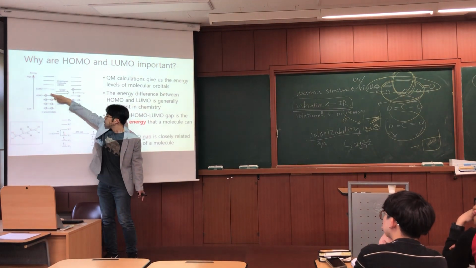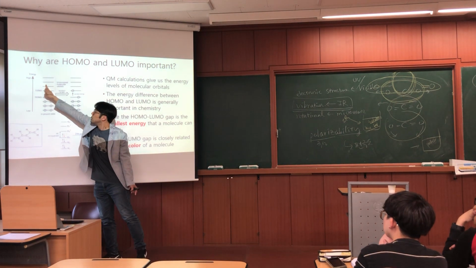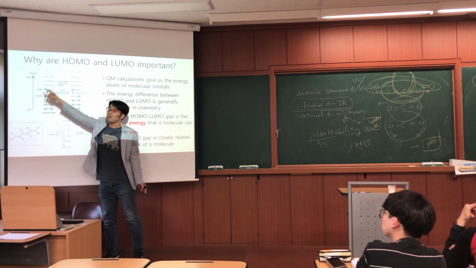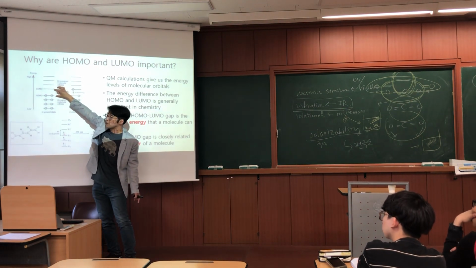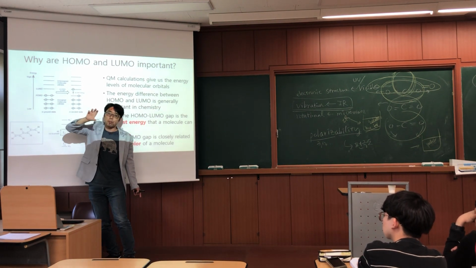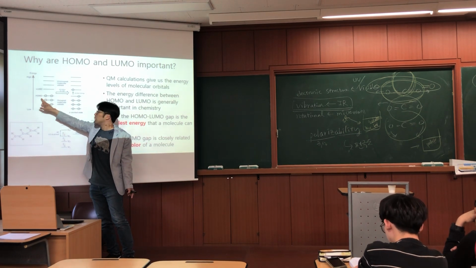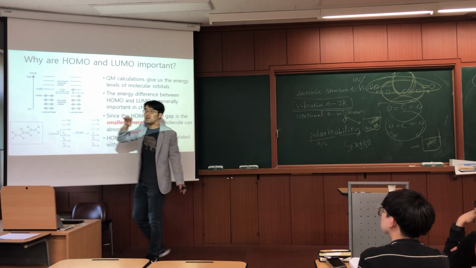So think about it. If an electron excites to this state, it can go to this, or it can go to this. But the smallest jump, the minimum energy that it can absorb, is this one, right? So that is the lowest energy.